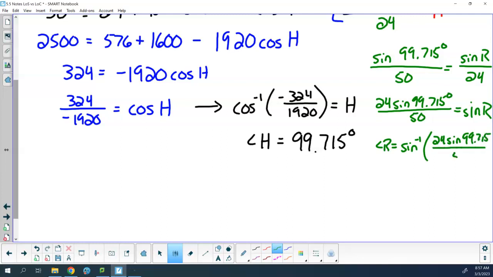Now, does anybody know why I set my calculator off to the side and left it there? Because now it's exact. I'm not rounding it. Instead of typing in 99.715, I've got it on my calculator. So I'm going to take the sine of that answer, sine, open parentheses, answer, equals, then multiply that by 24, then divide that by 50.